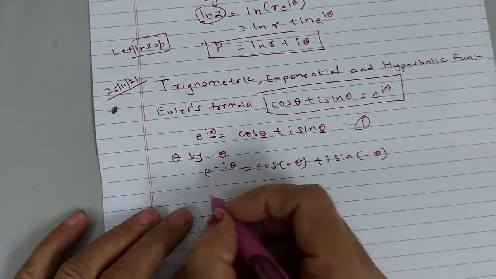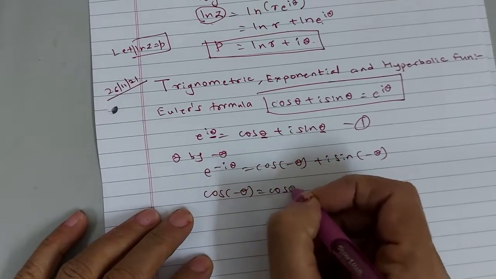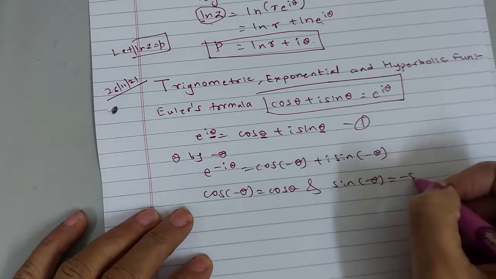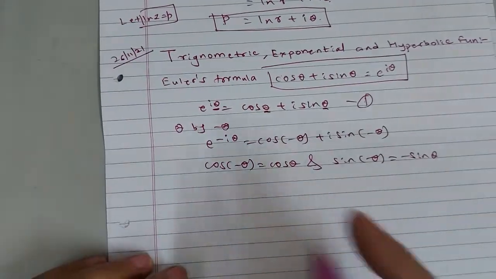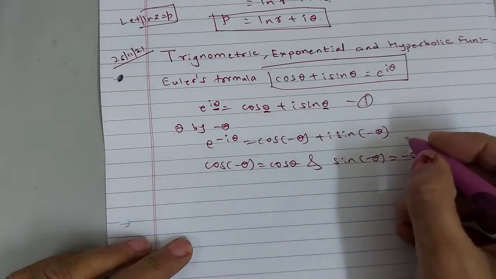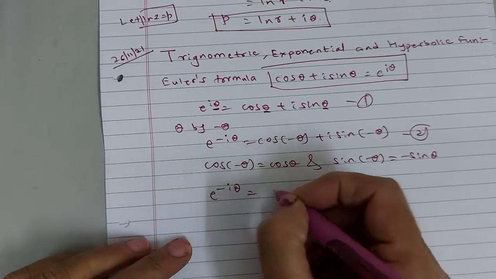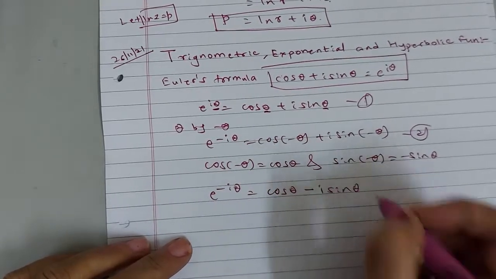Everybody knows the value of cos of minus theta is cos theta and sin of minus theta is minus sin theta. This we study in 11th and 12th standard. So equation number 2 will become e to the power minus I theta is cos theta minus I sin theta.